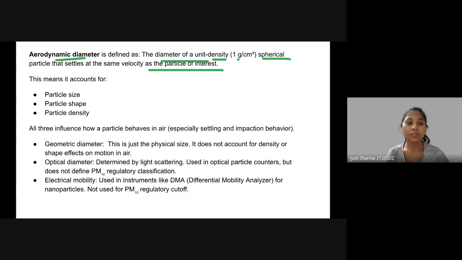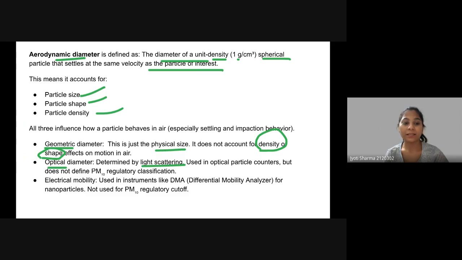This accounts for particle size, shape, and also density. Geometric diameter is just the physical size. It does not account for density and shape.